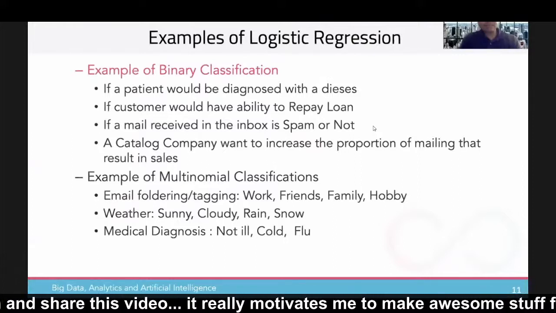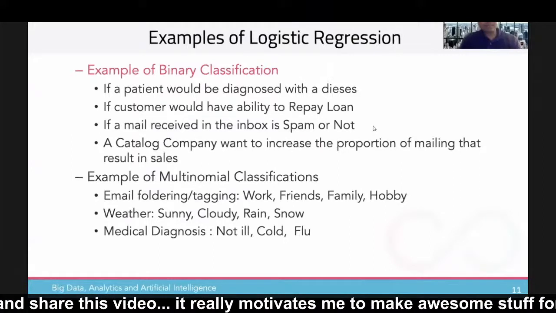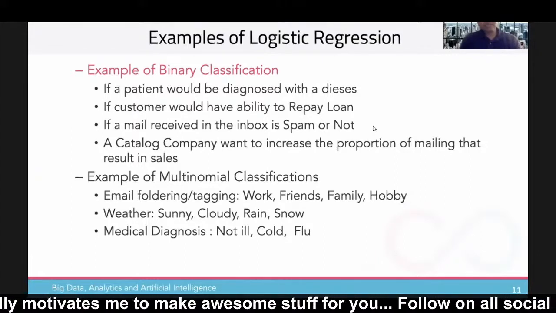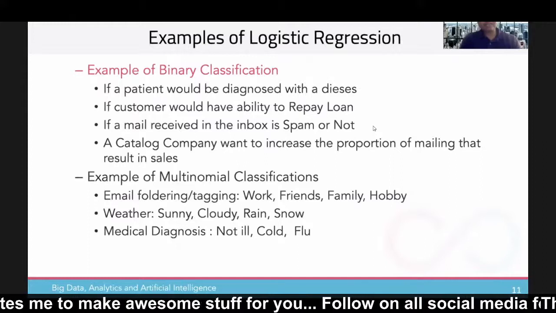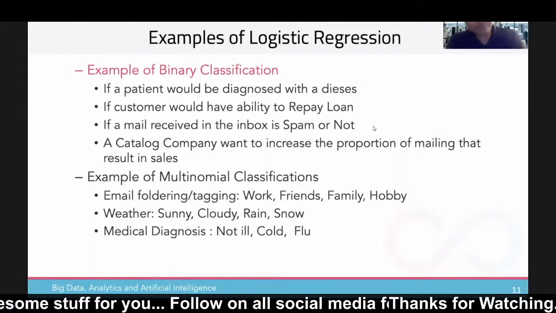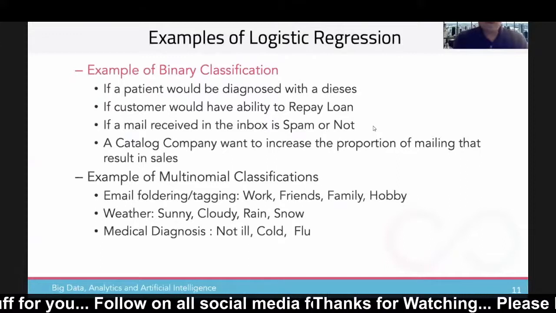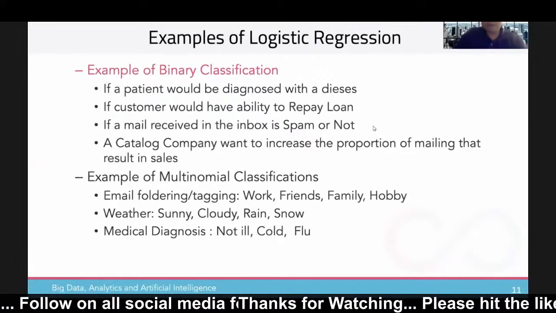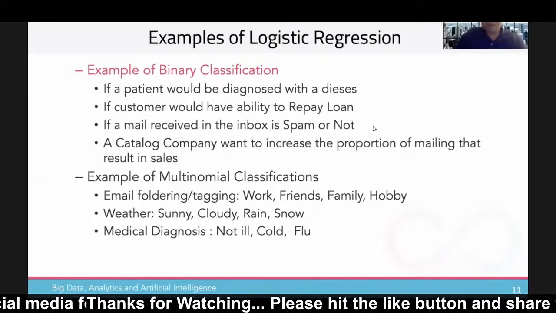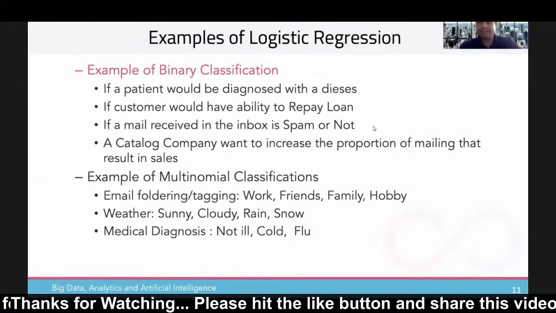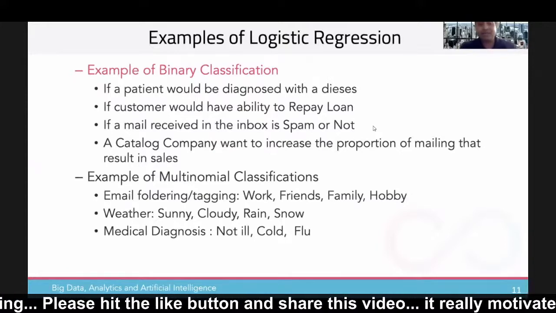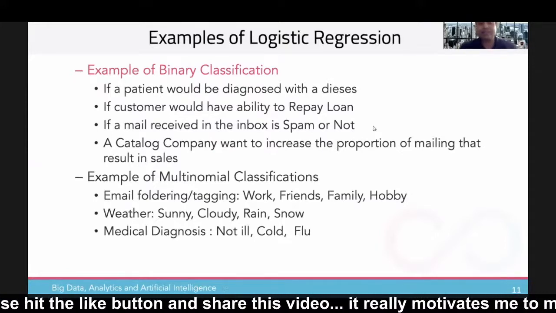If a customer would have the ability to pay a loan, that is binary classification. If a mail received in the inbox is spam or not. If a catalog company wants to increase sales, that is a binary classification.